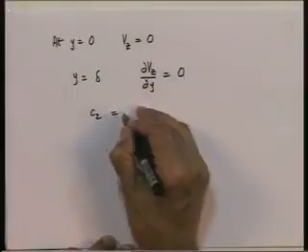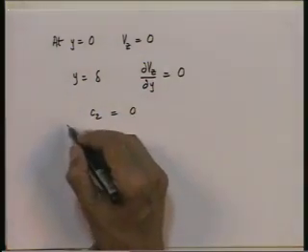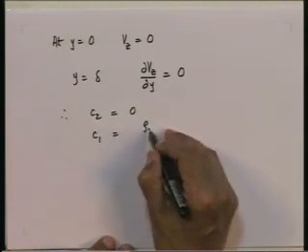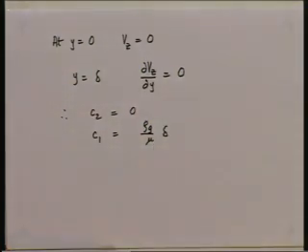If I take both these boundary conditions, then I can show that the constant C 2, I am now leaving out a few simple steps, you can show that C 2 is equal to 0 and C 1 is equal to rho g by mu delta. These are the two constants of the integration.